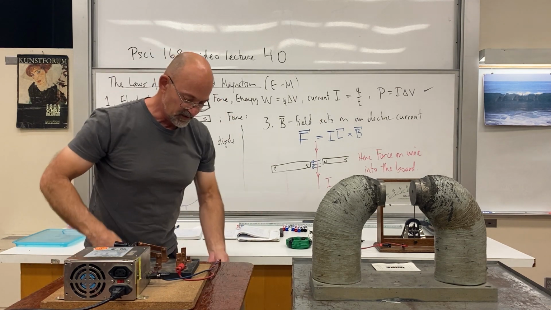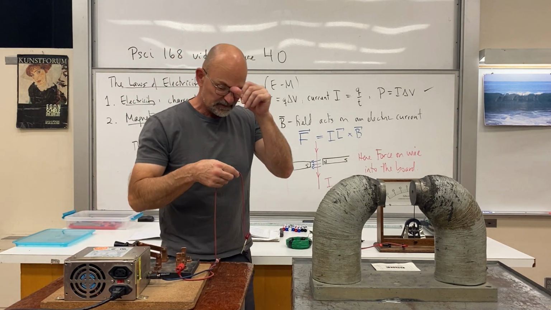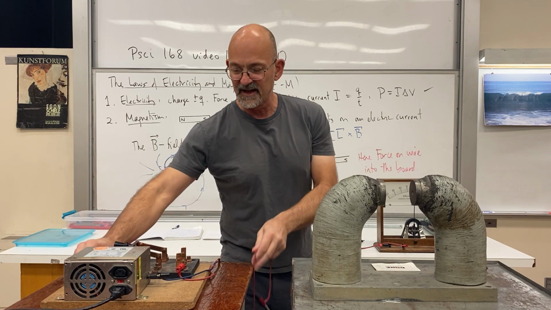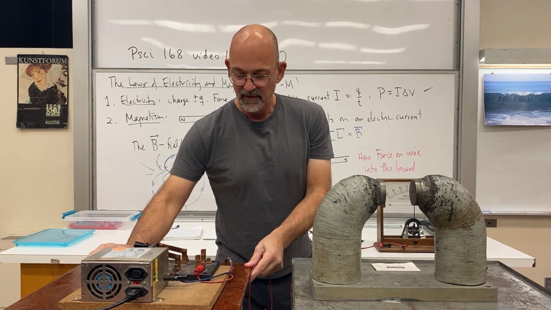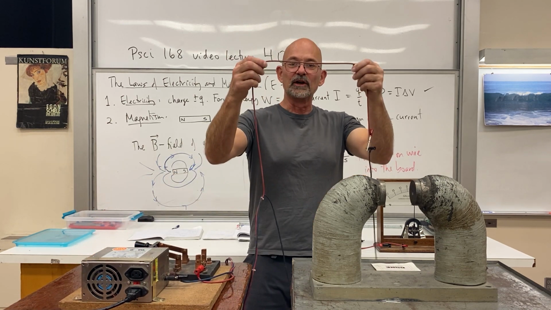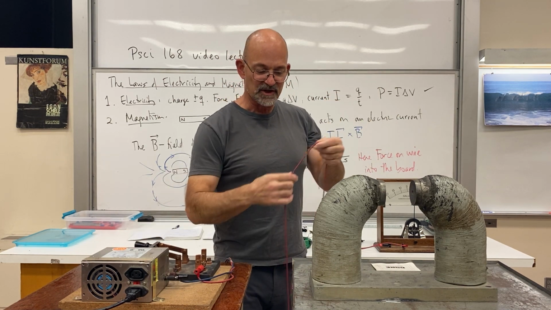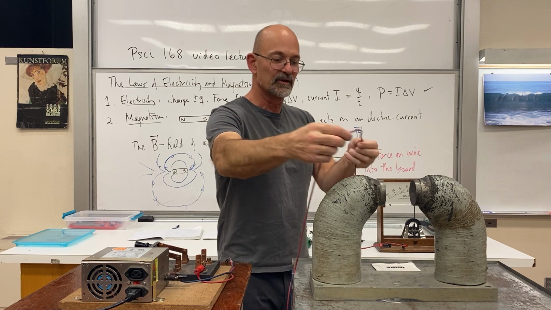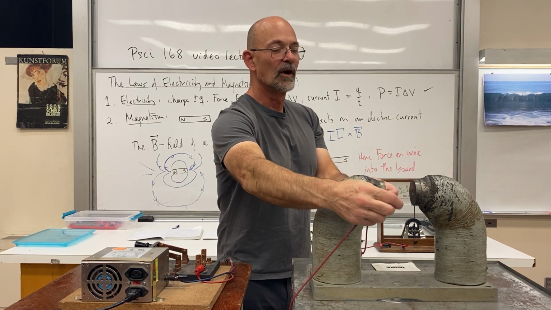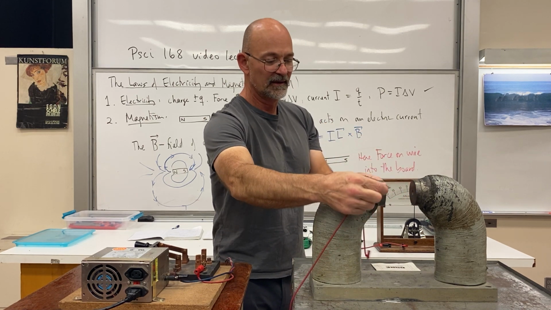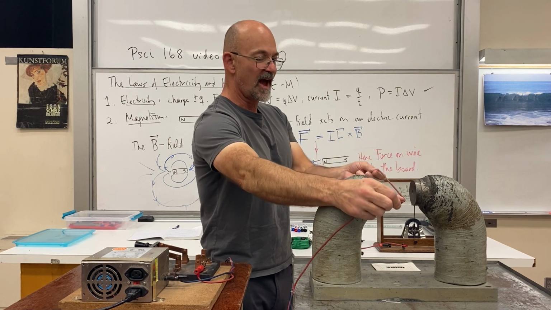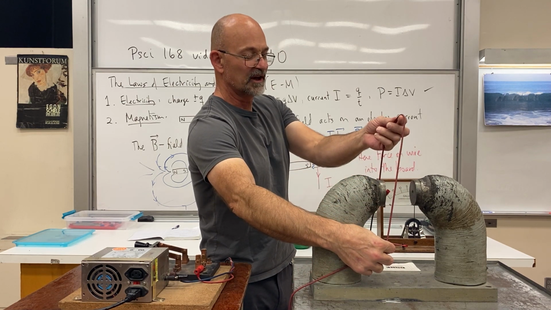Okay, here we are. Here's the idea. This device is allowing me to have a current going through this wire. When I close this switch, I'll actually have a current in this wire. Right now, there's no current in the wire, and there's no effect with the magnet, okay? And I'm holding it between the magnet, just like in our picture, basically.